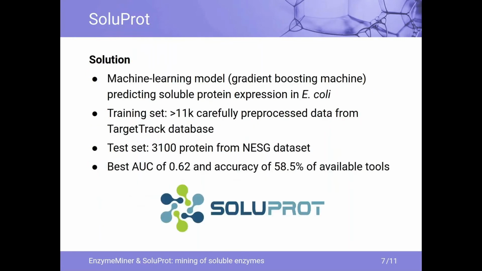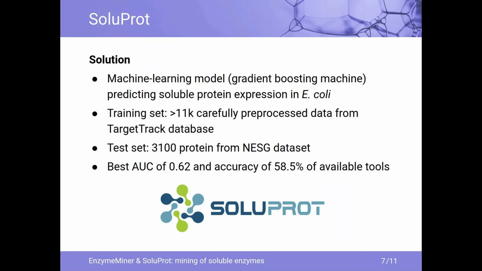The solution is that we created a machine learning model based on a gradient boosting machine. We used a training set, and we compiled more than 10,000 sequences from the TargetTrack database, and we benchmarked our tool on an independent test set against the existing tools.